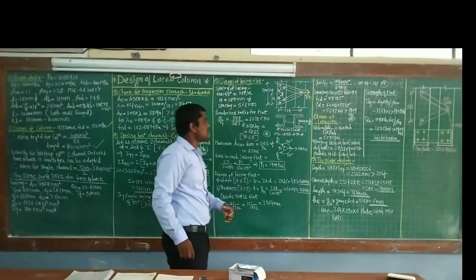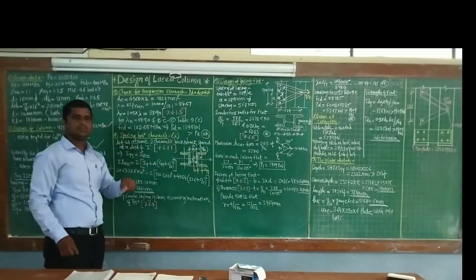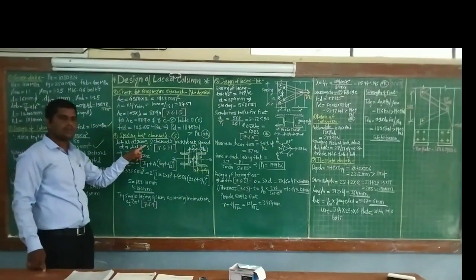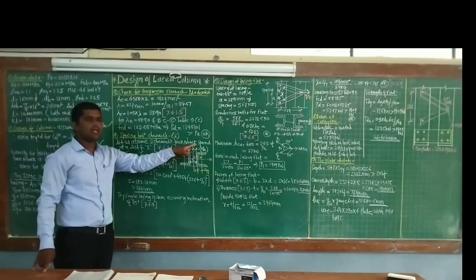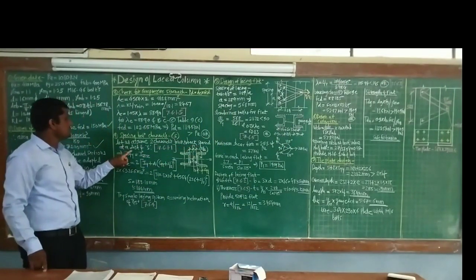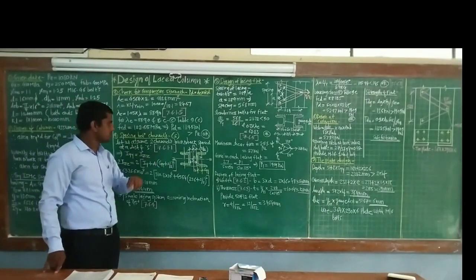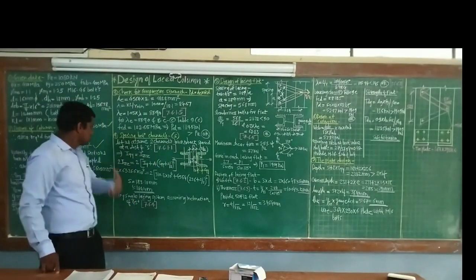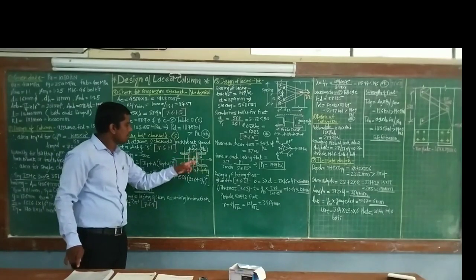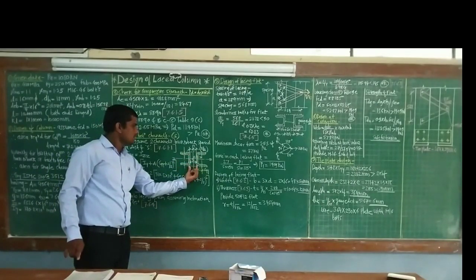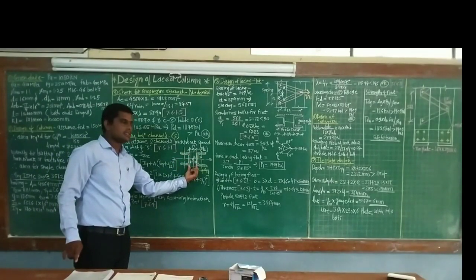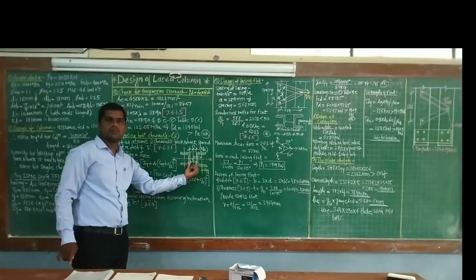Let us consider two channels placed back to back at a distance of S, according to clause 7.6.1.1. So the spacing between the two channels is S, and this we are going to find out.